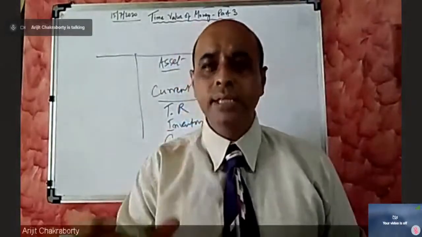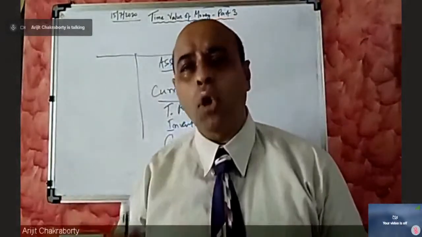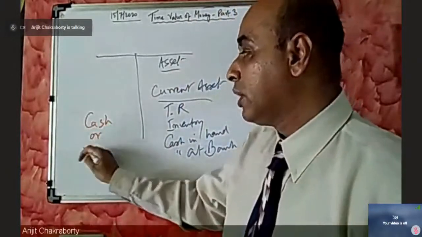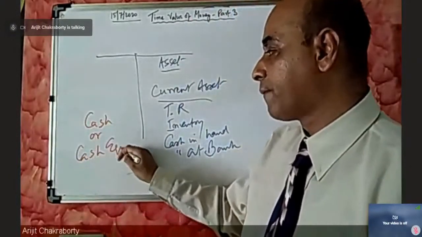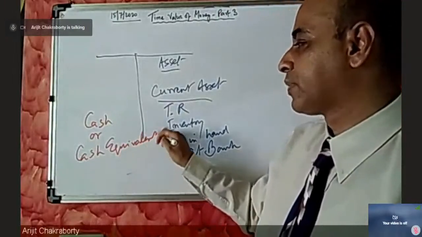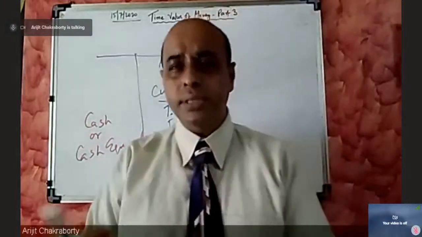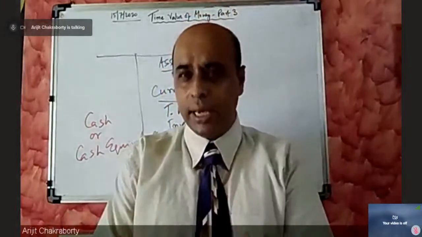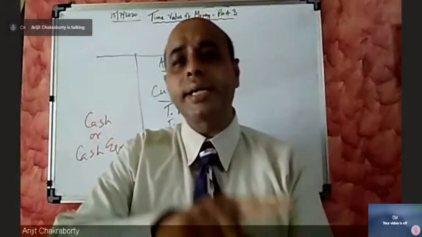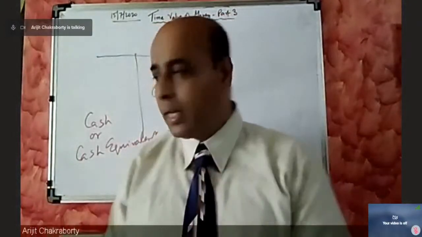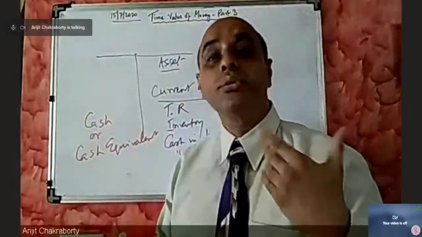So liquidity means something which is in the form of cash, or cash equivalent. Say I have got few checks, demand drafts. These are not in the form of hard currency, but these can be readily converted into cash. So these are more in the nature of cash equivalents.